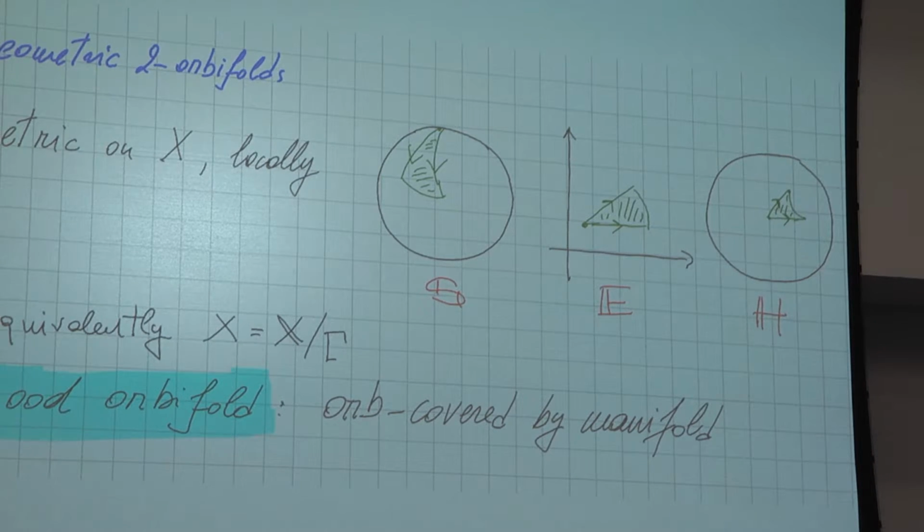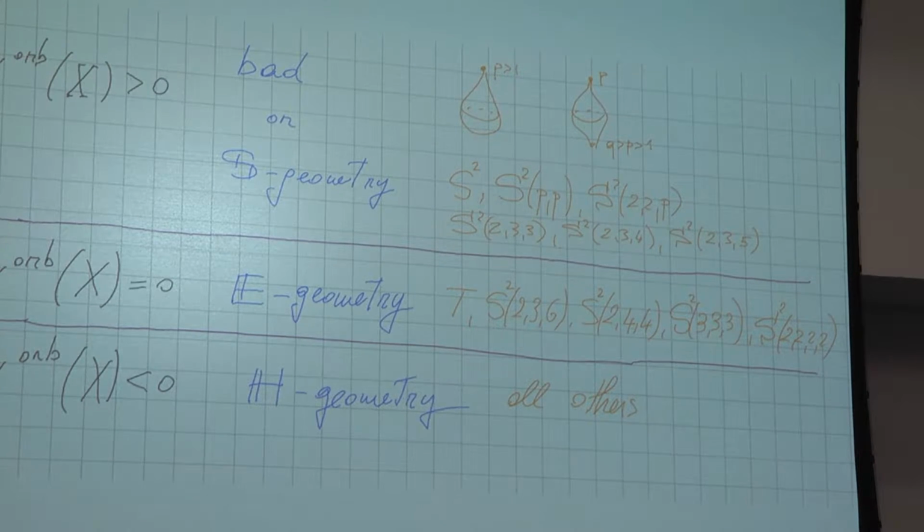Thurston classified the geometries of the orbifolds and proved that almost all of them have a geometry. You have an orbifold version of the Gauss-Bonnet formula, so the sign of the orbifold Euler characteristic will give you the sign of the curvature. In positive characteristic, you have the bad orbifolds, which are the teardrop and the football with different cone orders.